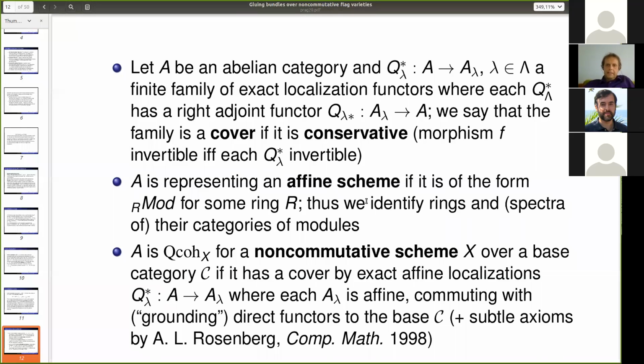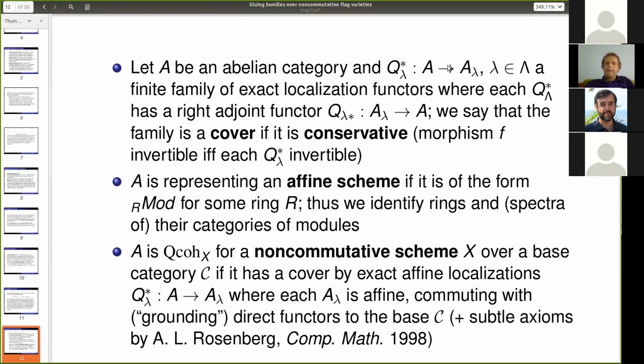So he considers a big category and the cover by several other categories, and this is covered by localization. So there are other categories together with inverse image functors. This is this Q lambda upper star from A to A lambda. Lambda is some finite set. Each has a right adjoint. Both are exact. The second one is faithful.